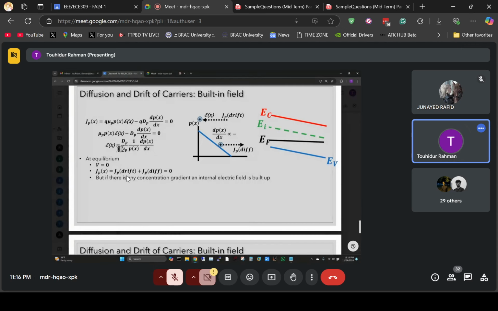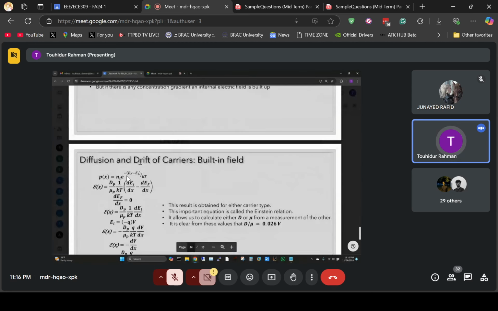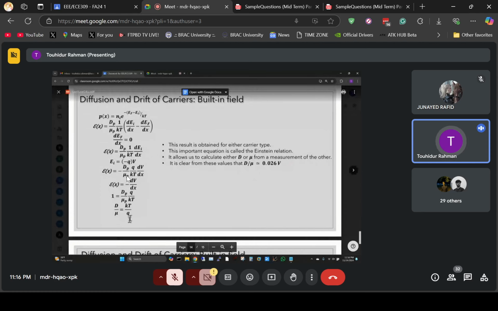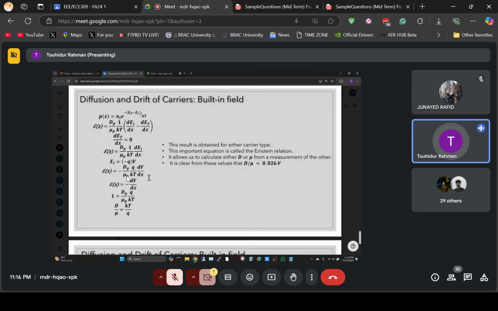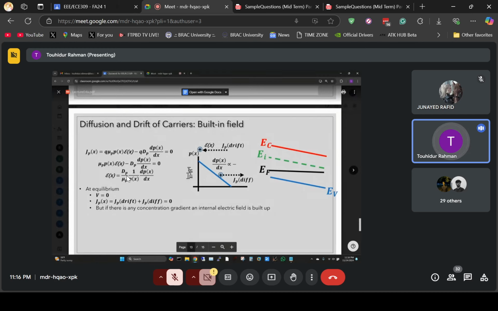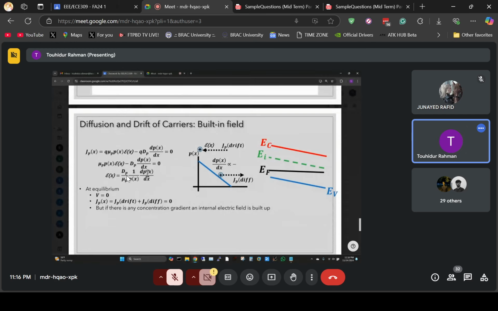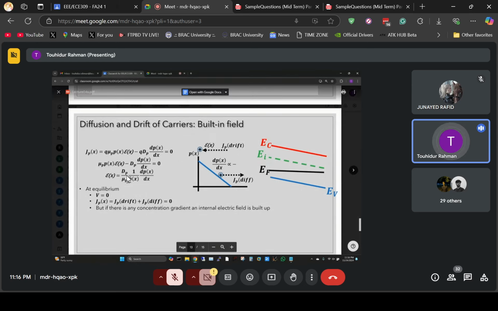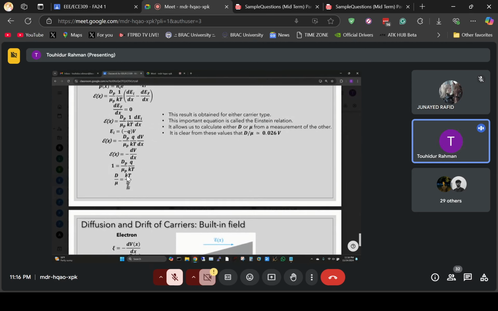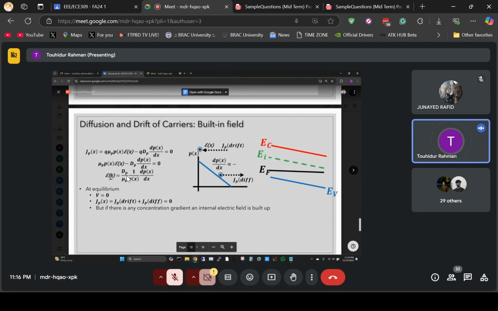If we do the math, we can write E_x equal to D_p/mu_p times (1/p) dp/dx, where we replace D/mu with kT/q, which is a universal constant. p(x) is given, so we should be able to calculate dp/dx and E_x. For electrons, we will get a similar equation. Because p is given and D_p/mu_p is a universal constant, we should be able to calculate E_x.